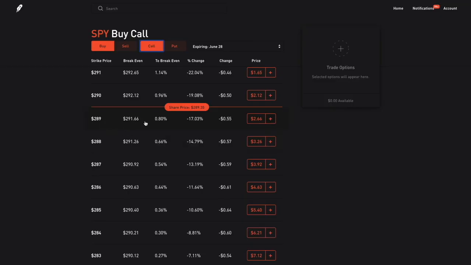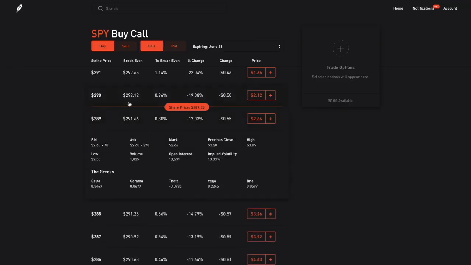So if we just go right under or right at the money for options and we pull up volume, as you can see on a call option expiring June 28th, there are 1,835 contracts in the volume of an option. There's 13,531 open interest, which we'll talk about in just a moment, but actually we'll be covering it a little bit here as I'm giving you these examples.